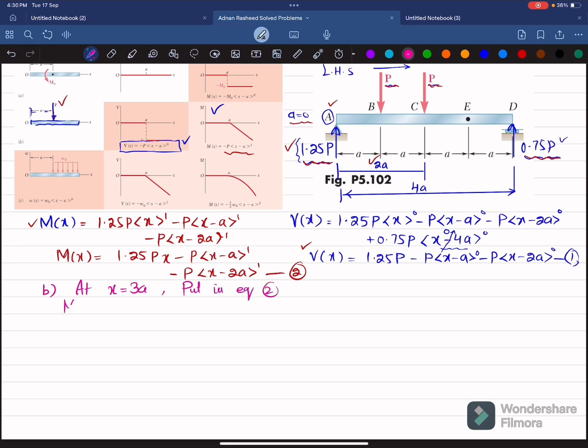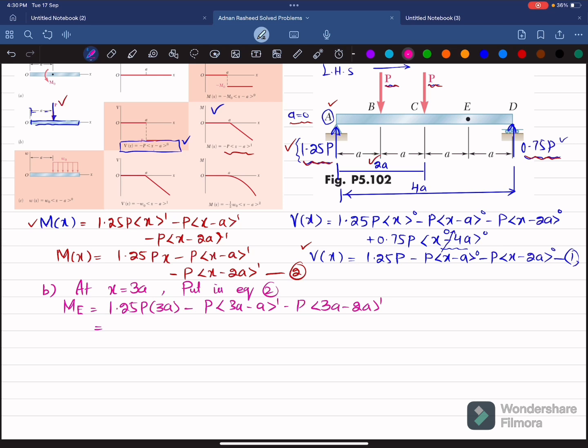So the moment about E will become equal to 1.25 times P multiplied by 3a minus P times 3a minus a power 1 minus P into 3a minus 2a power 1.